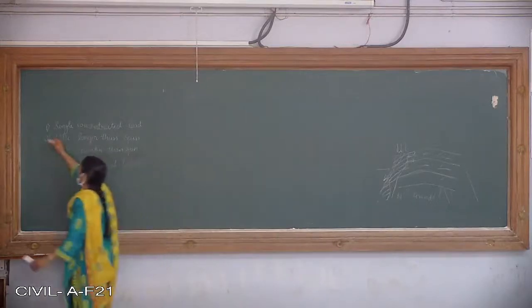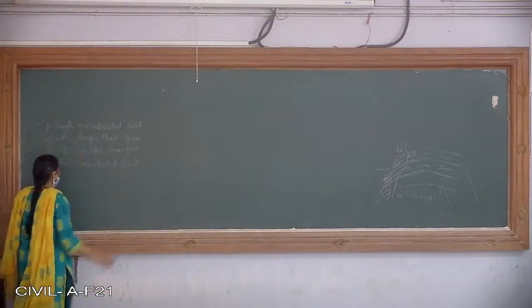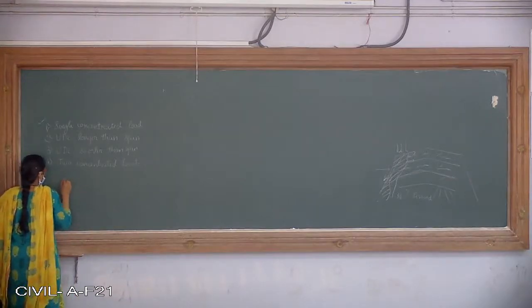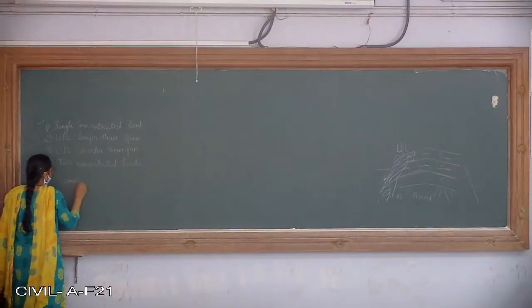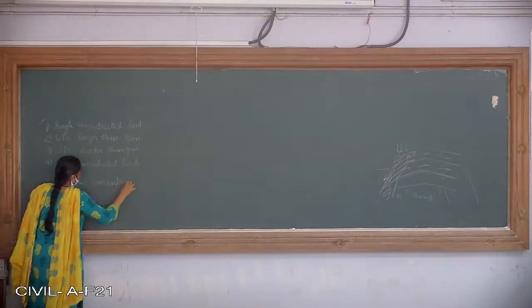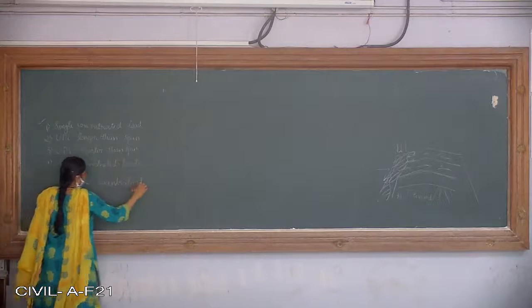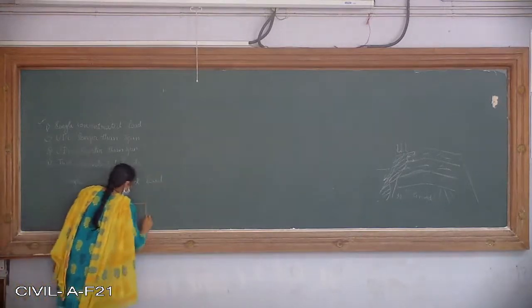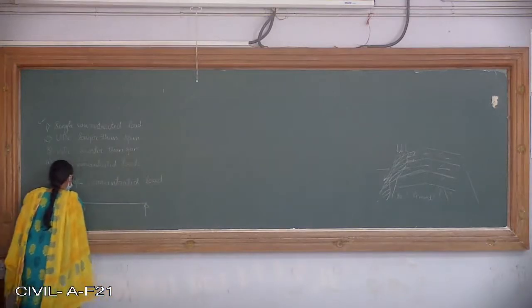First we will go to the first case, that is single concentrated load. Actually I will give you a brief discussion here. So single concentrated load, I am considering one simply supported beam AB.